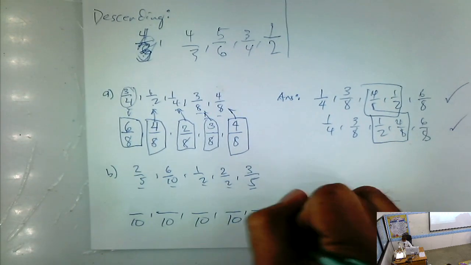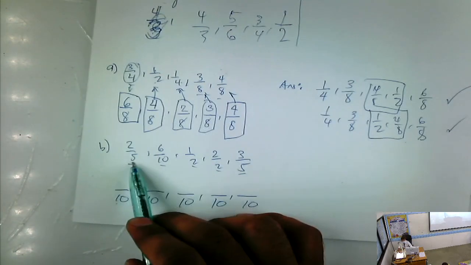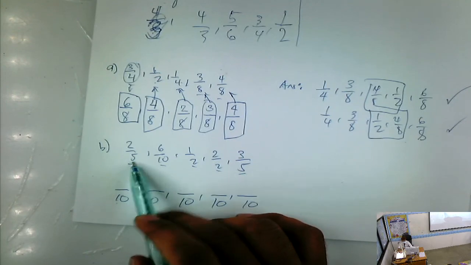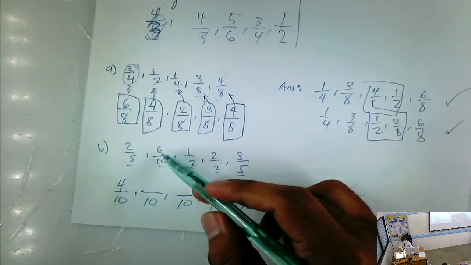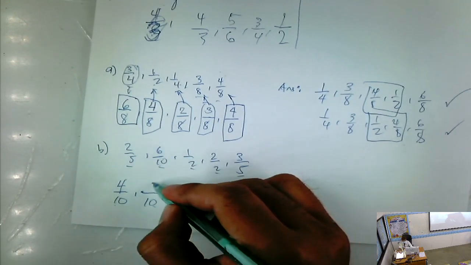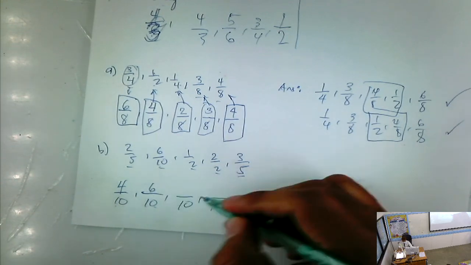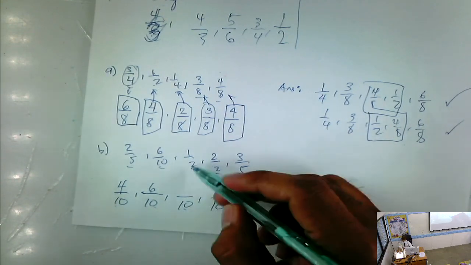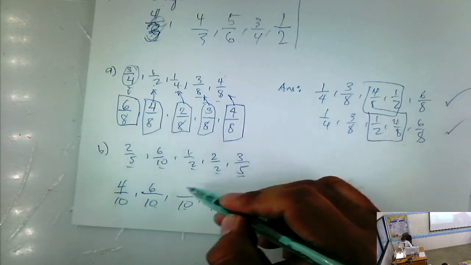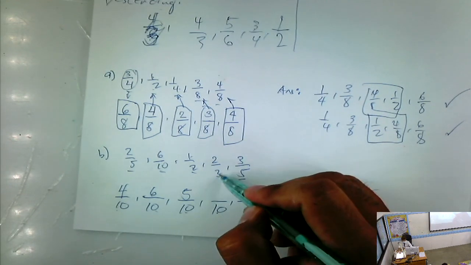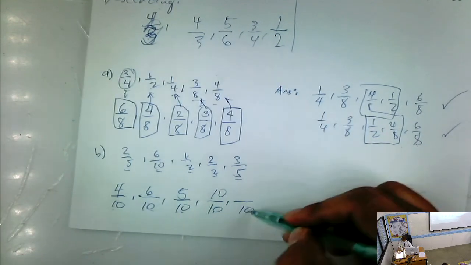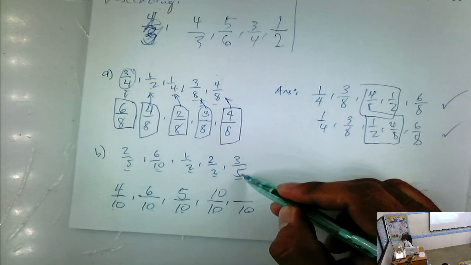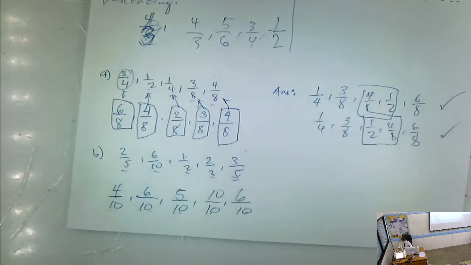So let's find the equivalent fraction. 10 divided by 5, 2 times 2, 4. 10 divided by 10 is 1, times 6 is 6. Sorry, that's times. 10 divided by 2 is 5 times 1, 5. 10 divided by 2, 5 times 2, 10. 10 divided by 5, 2 times 3, 6. Okay?